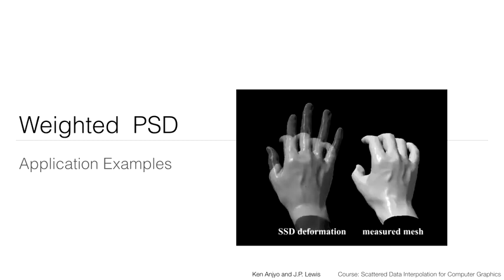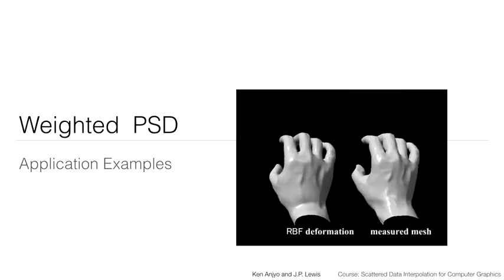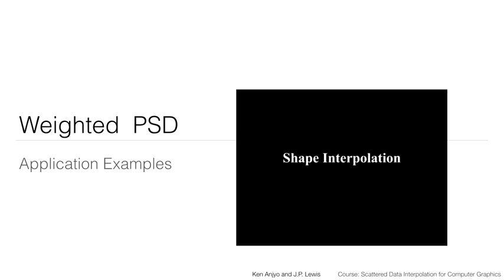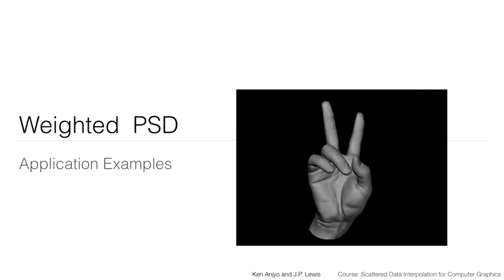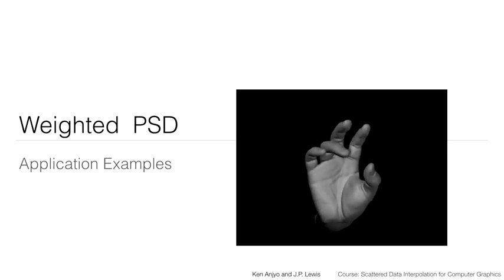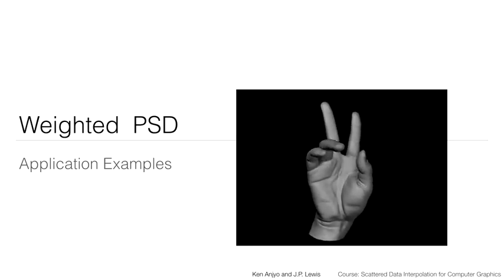Then scanning. You will see the RBF's effect, and making animation as shape interpolation. In this case, they use the Gaussian type RBF.